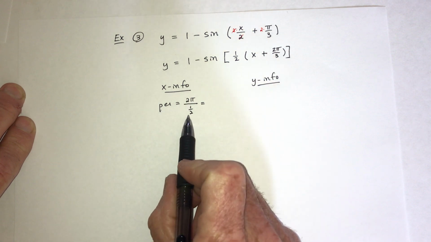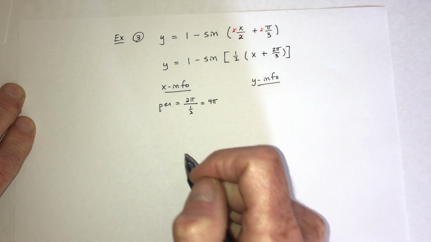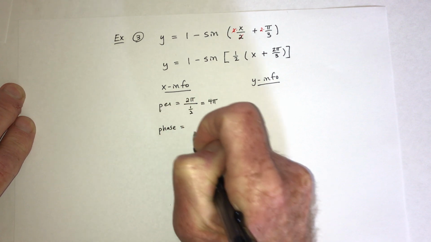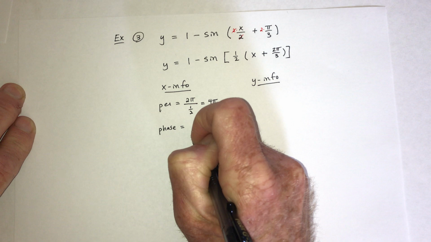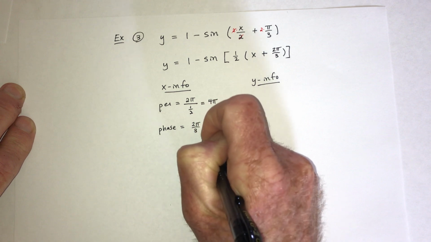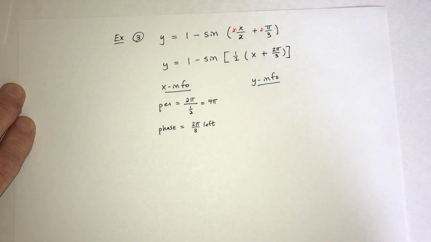And when you divide by a fraction, you need to invert and multiply by 2 over 1, which means it's going to be 4 pi. And then for the phase shift, so you could either say negative 2 pi over 3, or you could say 2 pi over 3 to the left, because that's a plus, so that actually makes it go to the left.